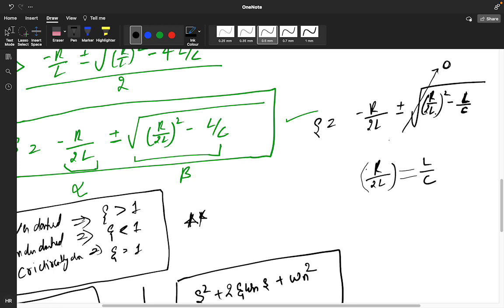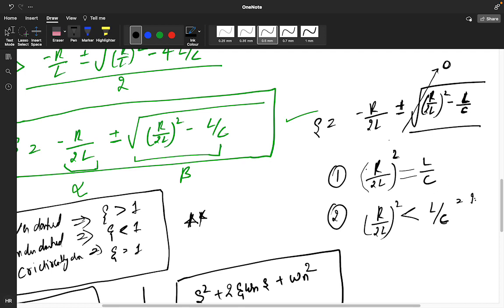When will this term be imaginary? I am talking about the second term. When (R by 2L) the whole square value is lesser than L by C, I will get an imaginary value, because the term will come negative and the root of a negative gives an imaginary value.